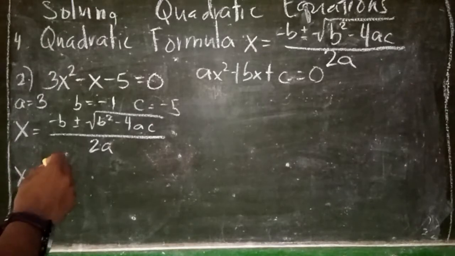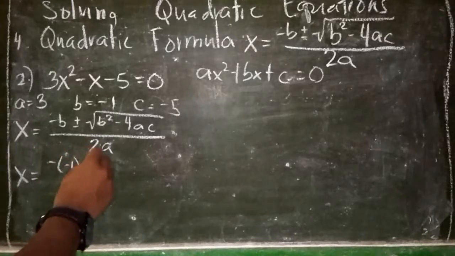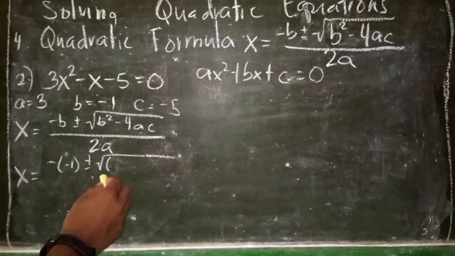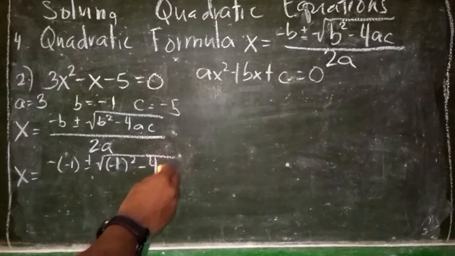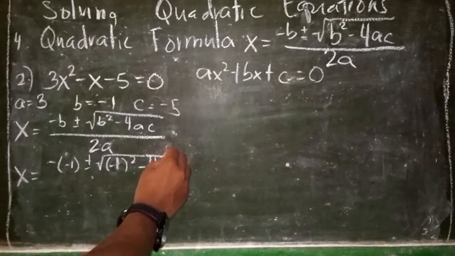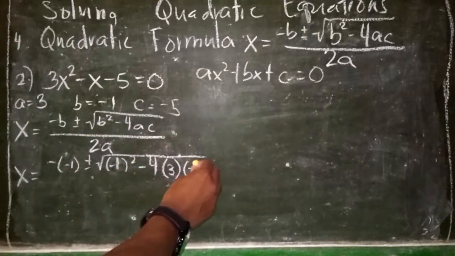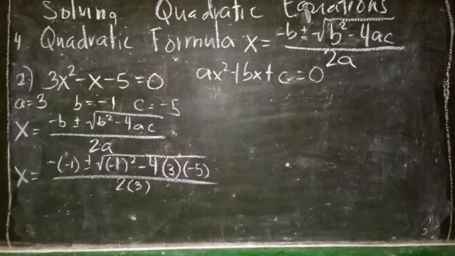X equals negative times the value of B, which is negative 1, plus minus square root of, okay, the square of B, negative 1, minus 4 times the value of A, 3, times the value of C, that is negative 5, over 2 times 3.